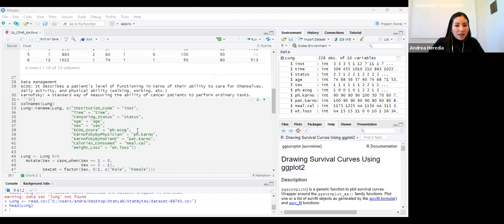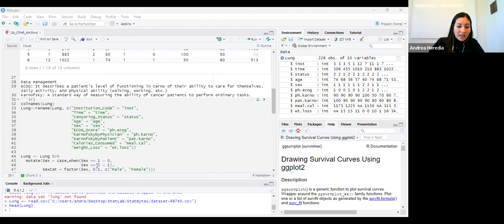Okay, so as you can see, we have variables inst, time, status. So inst means institution code. Time is the survival time in days. The status means the censoring status. 1 is censored and 2 is dead. Age is in years. The sex here has been coded 1 as males and 2 as females.